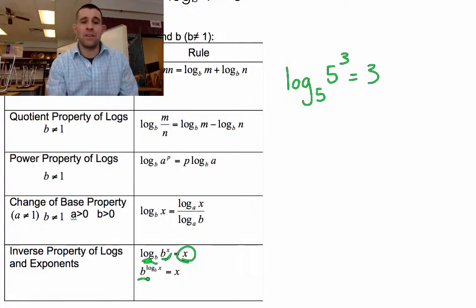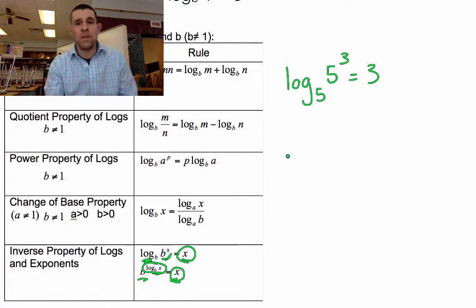All right, our last one here says b to the power of log base b of x has got to be equal to x. Because remember, log base b of x returns the power I raise b to in order to get x. Well, I'm raising b to that power, so it must return x to me.